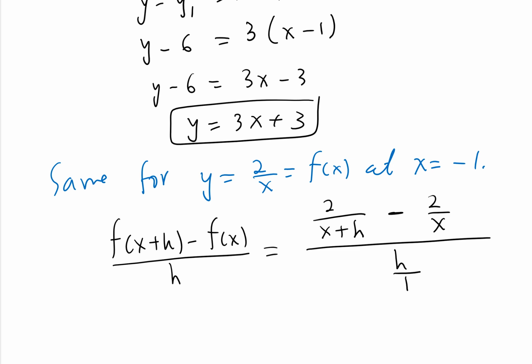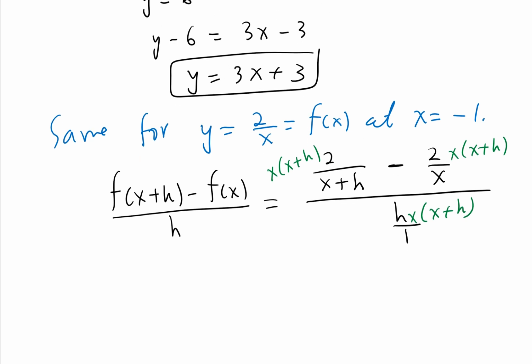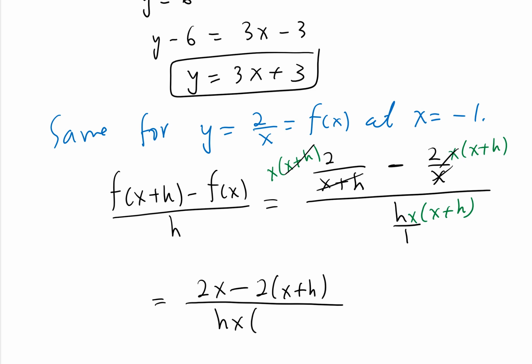The LCD is x times x plus h. What is this going to give us? 2x minus 2 times x plus h, all over x times x plus h.